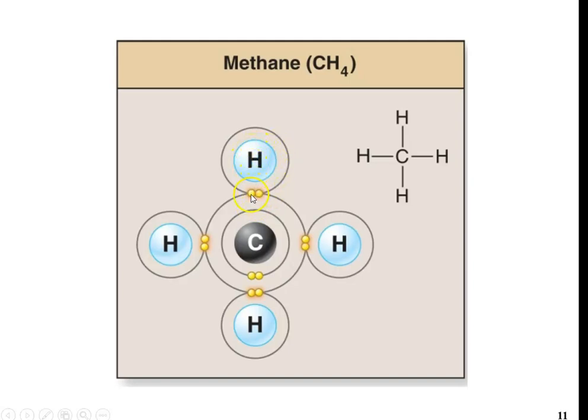So here is carbon's electron and here's hydrogen's electron. Here's carbon's electron, here's hydrogen's electron. And you'll notice that they kind of combine their valence shells right here, a little overlap. And that's how they're sharing these electrons equally between each other. This is an example of single bonds, and this molecule is methane.